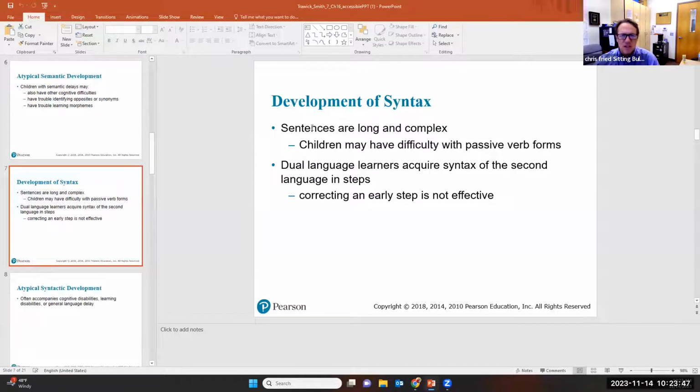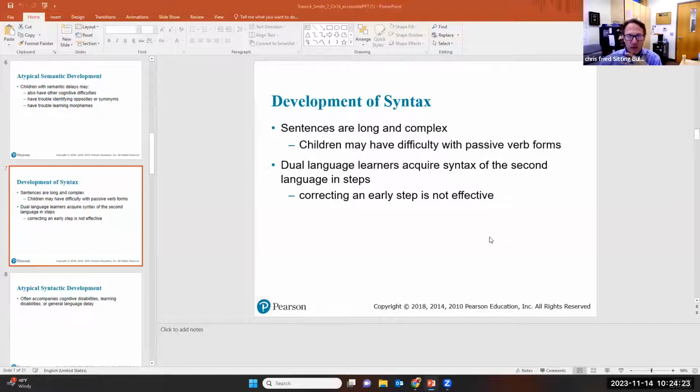Syntax. Sentences start to become long and complex as they get into this age group. Kids will have some difficulty with passive verb forms as well. Dual language learners acquire the syntax of the second language in steps. It's very detail oriented, or step oriented. It's not just natural, the way we would learn our first language.